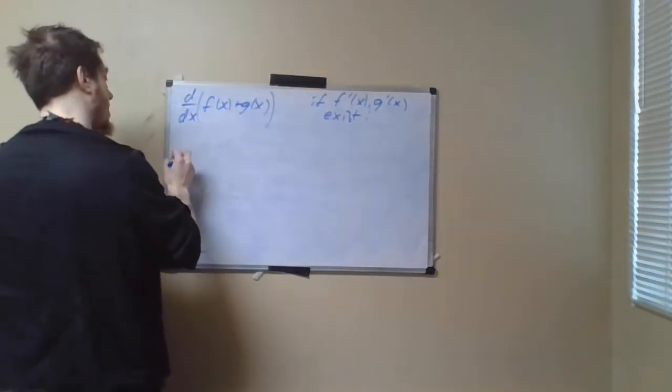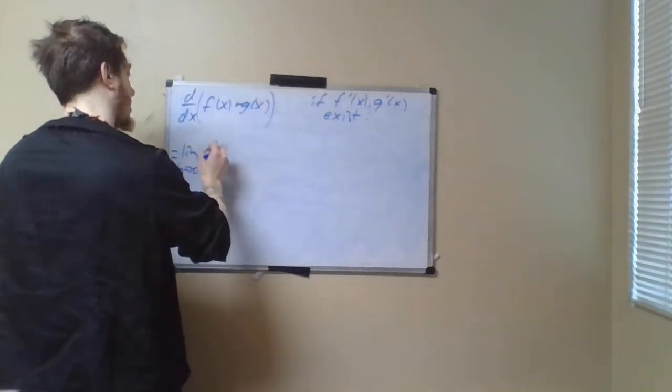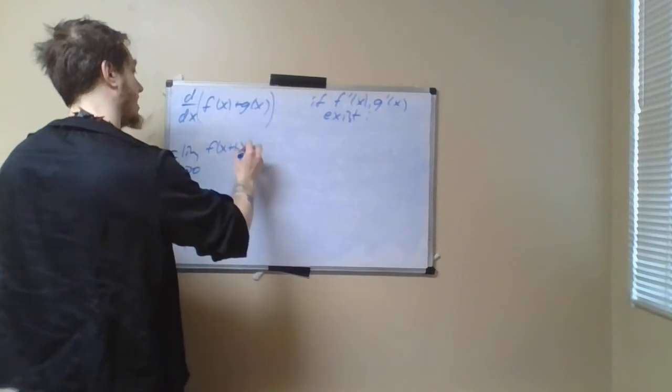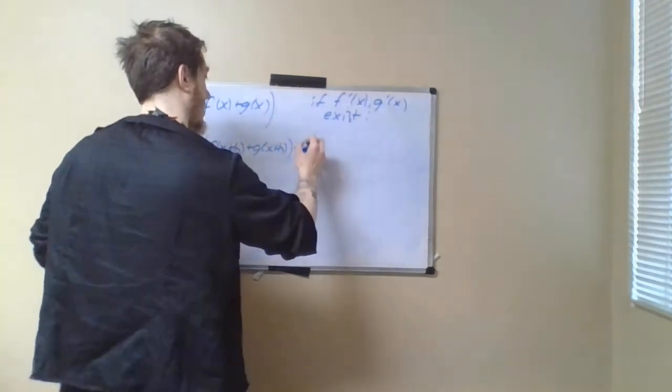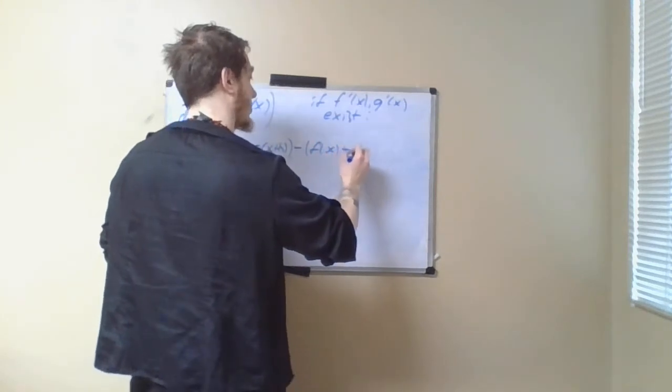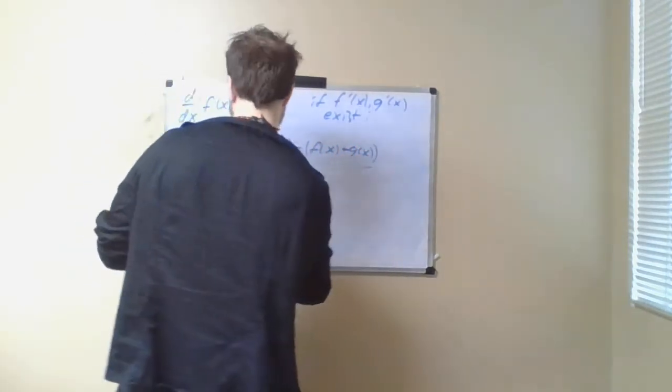Well, this is going to be the limit as h goes to 0 of f of x plus h plus g of x plus h minus f of x plus g of x, all divided by h.